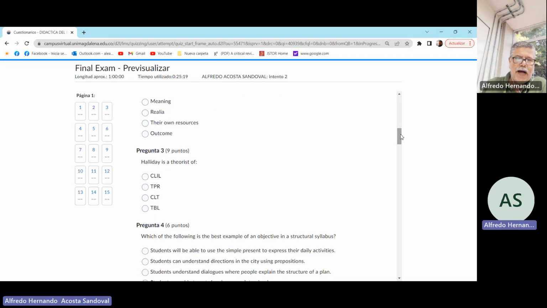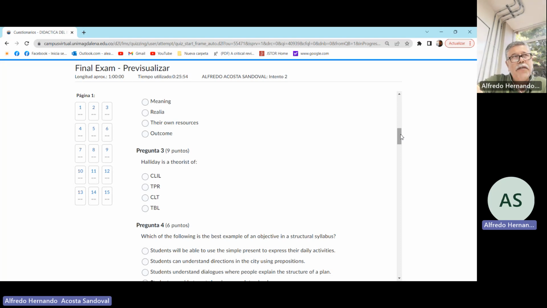Now we have the question about Halliday, and in the directions I previously said that you might need to Google a little bit, talk to your friends, etc. Halliday is a theorist of communicative language teaching. Remember that every method or approach usually supports its ideas on a number of linguists.